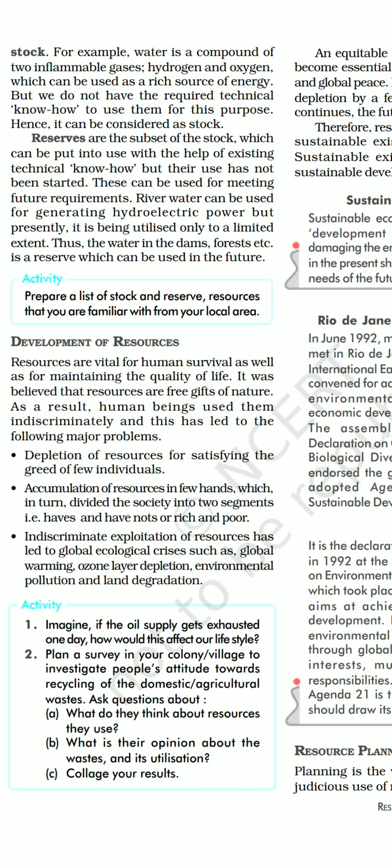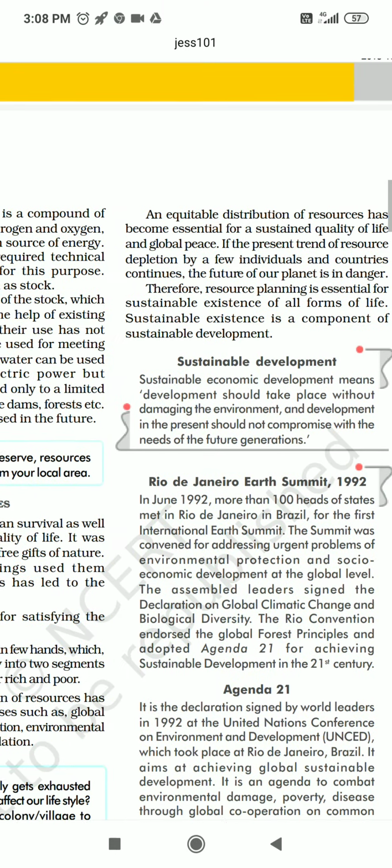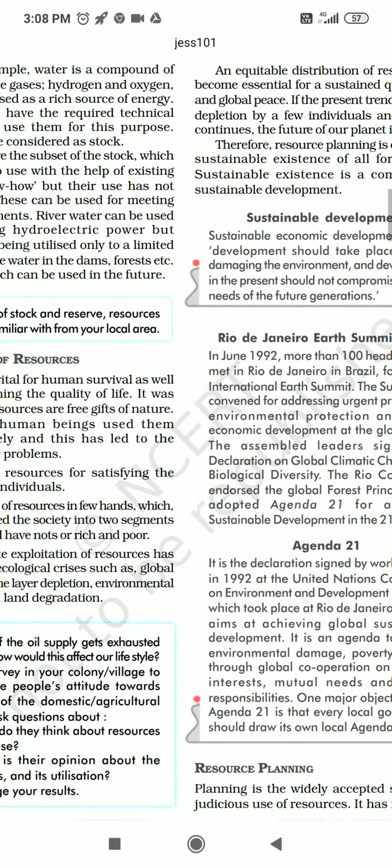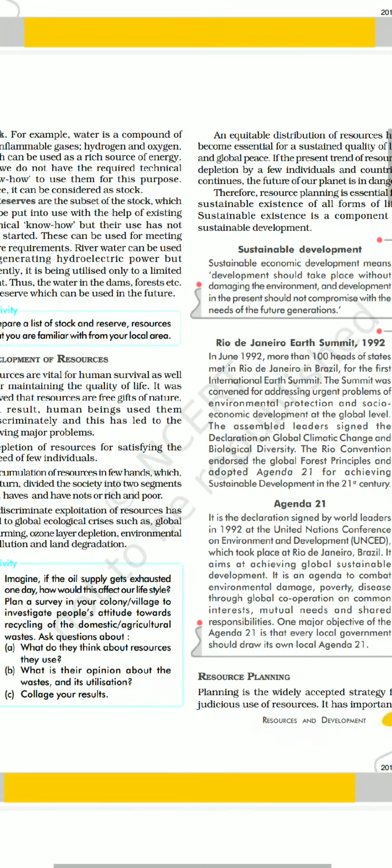Similarly, we have Tata Steel and a few other competitors who control the iron part. In India, we have a few people controlling a large chunk of resources. Global warming, ozone layer depletion, and environmental pollution are all caused by the unthoughtful use of resources.